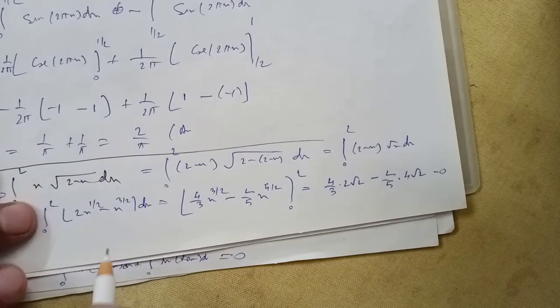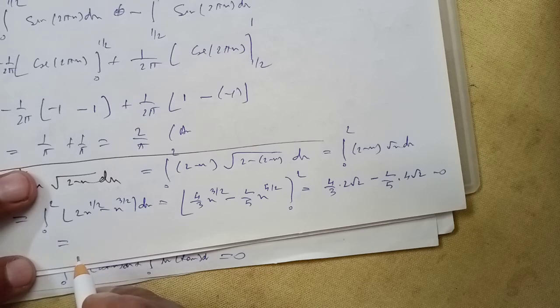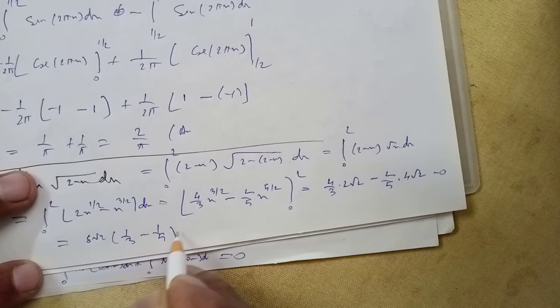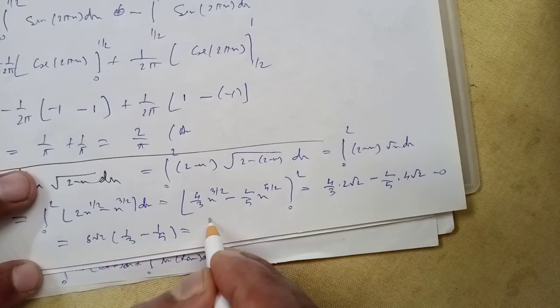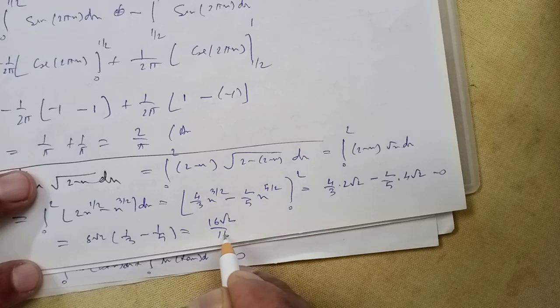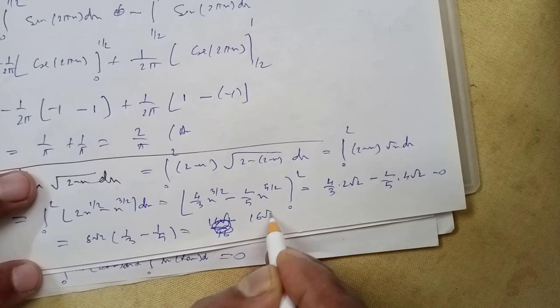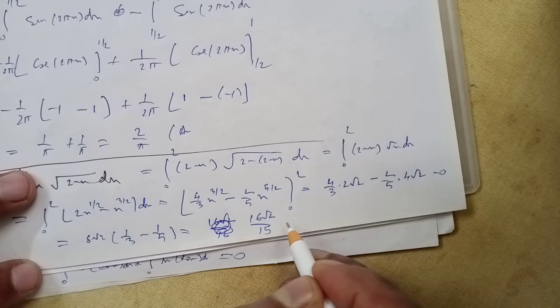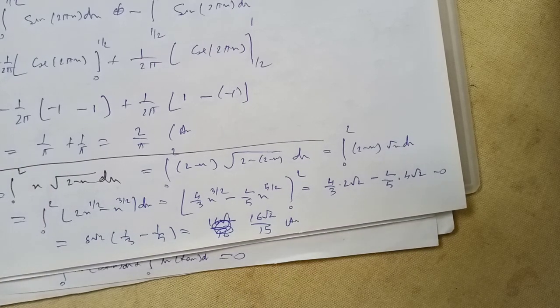So finally we get, if we take 8 root 2 common, 1 by 3 minus 1 by 5, that is 2 by 15, so 16 root 2 by 15. 16 root 2 by 15. This is our answer.